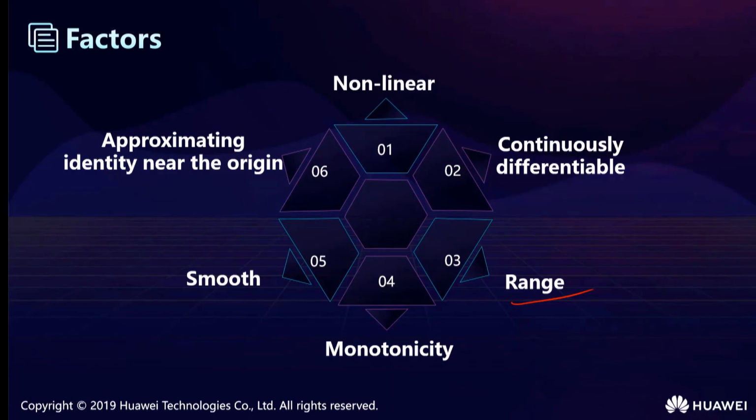Also, consider monotonicity: when the activation is monotonic, the loss function associated with a single-layer model is convex. Smooth functions with a monotonic derivative have been shown to generalize better in some cases, and approximating identity near the origin matters too.